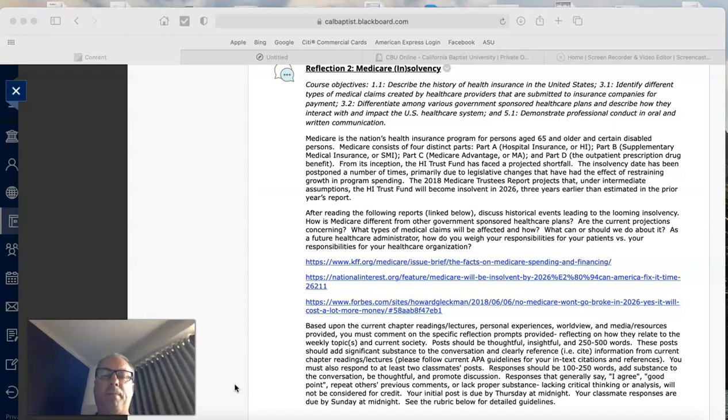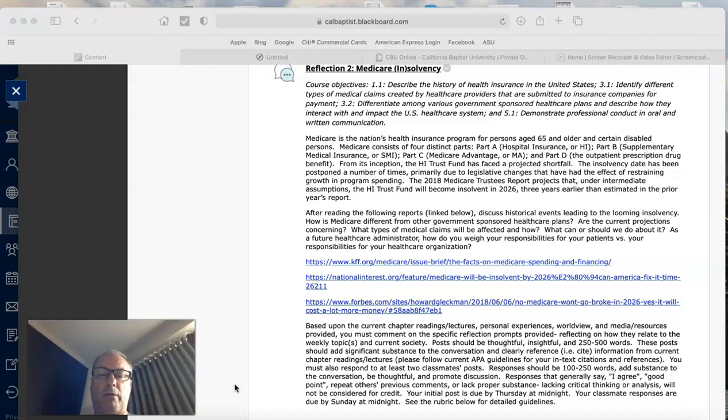Just be wary of that. What types of medical claims will be affected and how? And what can or should we do about it? As a future healthcare administrator, how do you weigh your responsibilities for your patients versus your responsibilities for your healthcare organization? If you remember before, I mentioned no margin, no mission, and that applies here as well.